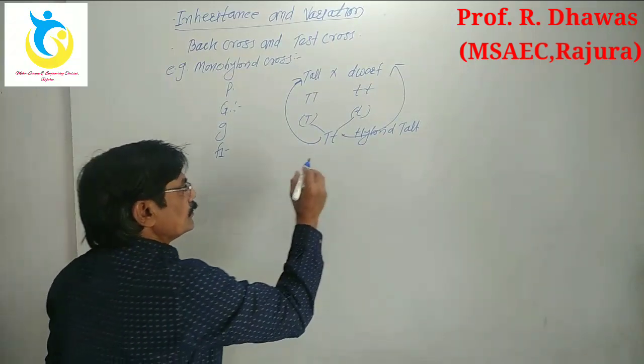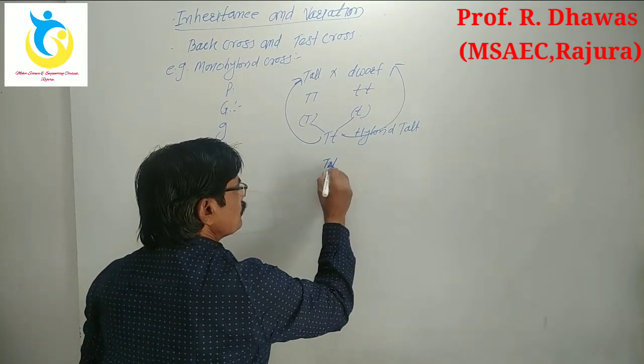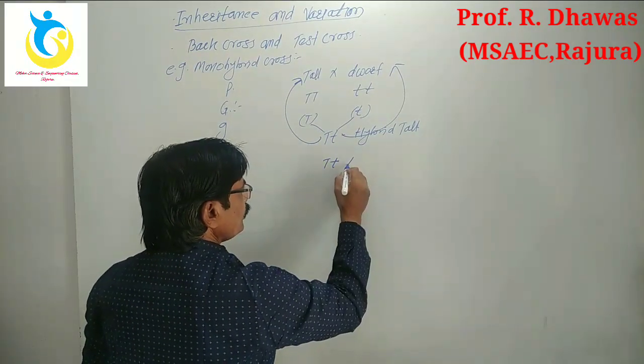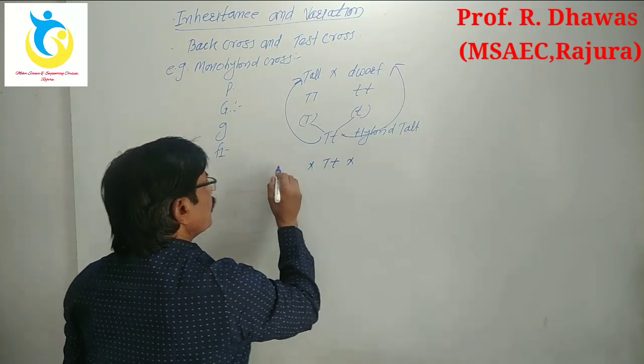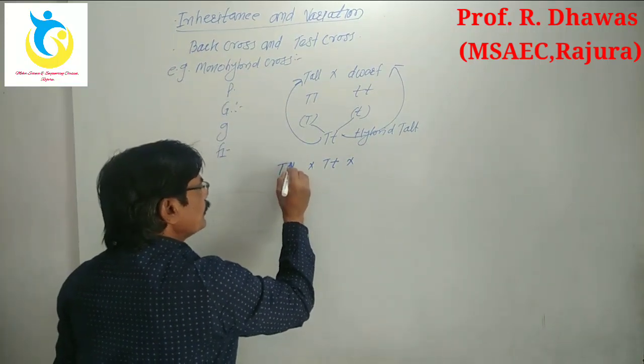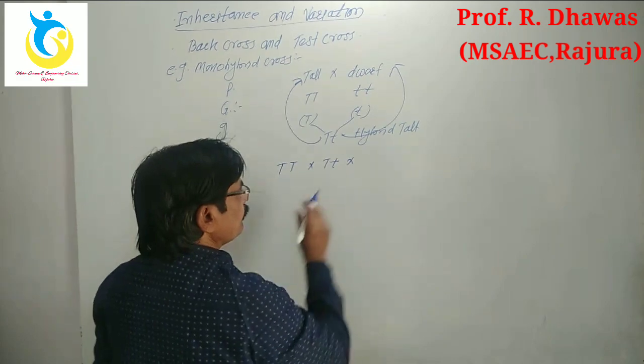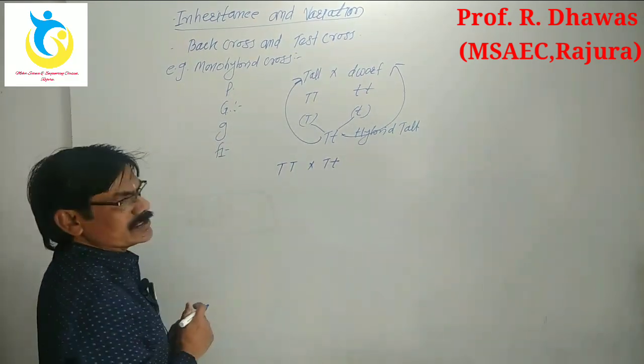So we see first of all capital T small t, that is F1, crossed with both sides. We write here the tall capital T first of all, then we see the small t.